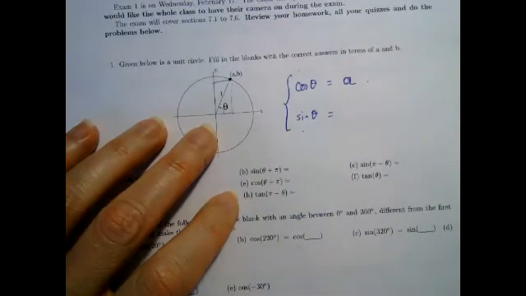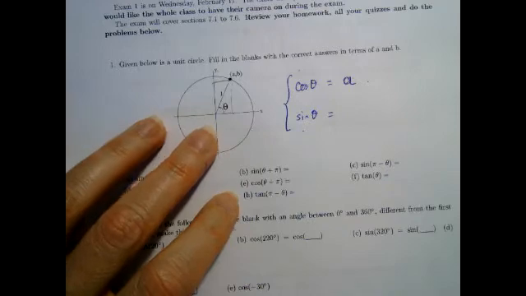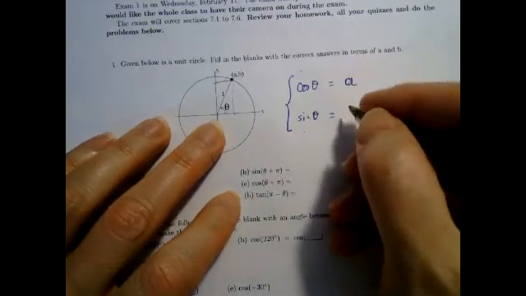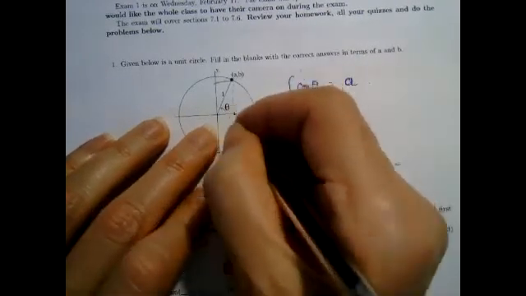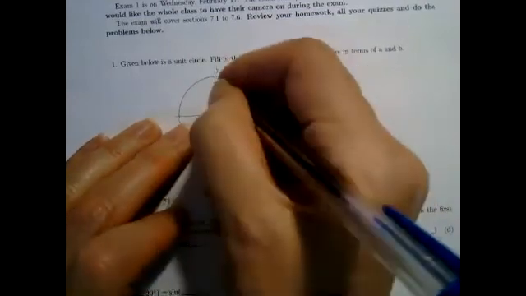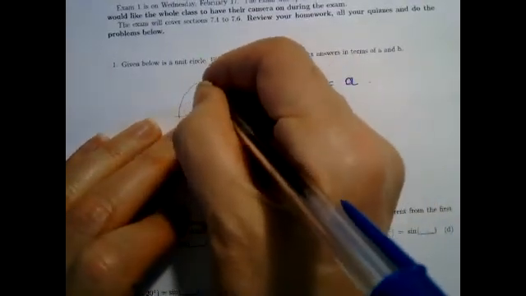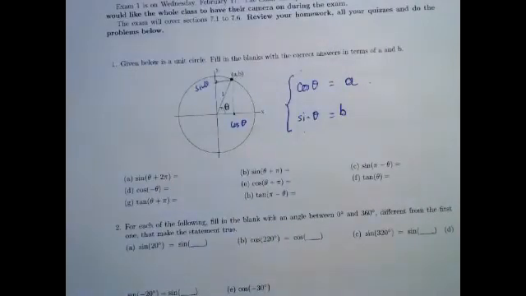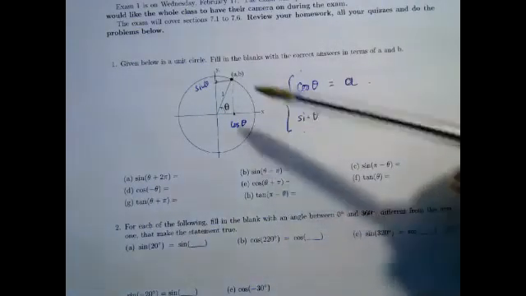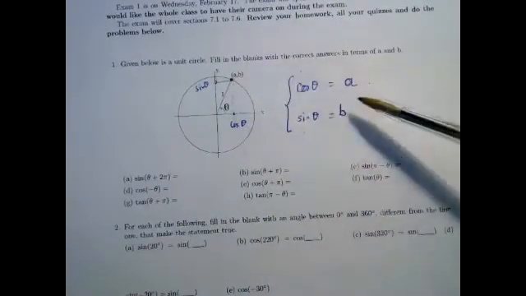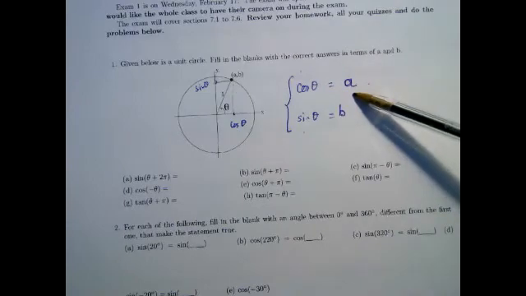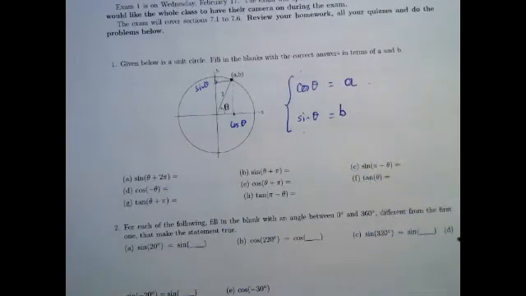It's A. The sine is B. So this is the cosine of theta, that's the x coordinate, and this is the sine. It's A and B. So the cosine and sine are the x and y coordinates. Cosine is the x coordinate and sine is the y coordinate.